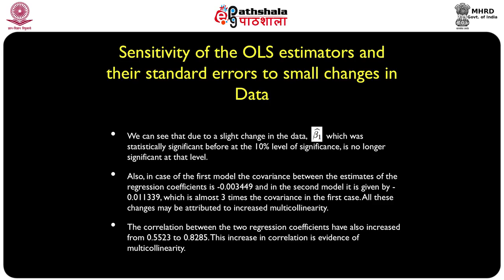All these changes may be attributed to increased multicollinearity. The correlation coefficient between the two explanatory variables has also increased from 0.5523 to 0.8285. This increase is direct evidence of multicollinearity present in the dataset.